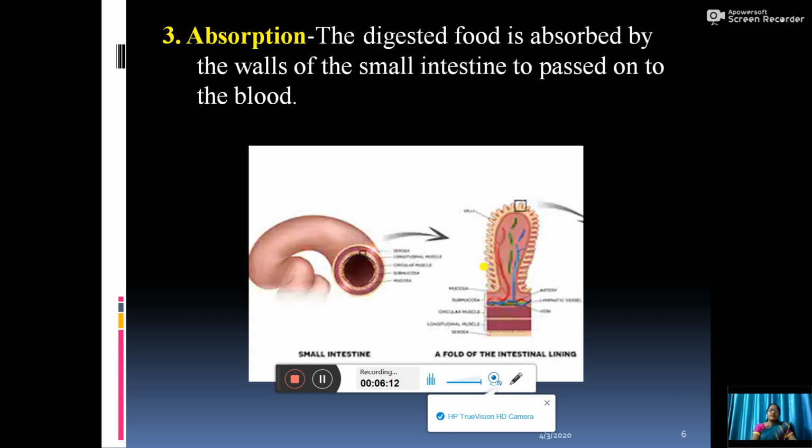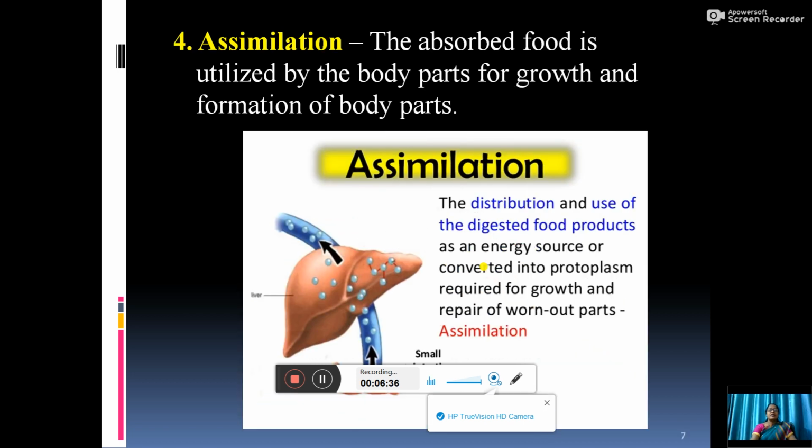Carbohydrates, proteins, fats, minerals. These nutrients are present in our food. So these are absorbed by our small intestine so that they can pass to our blood vessels.